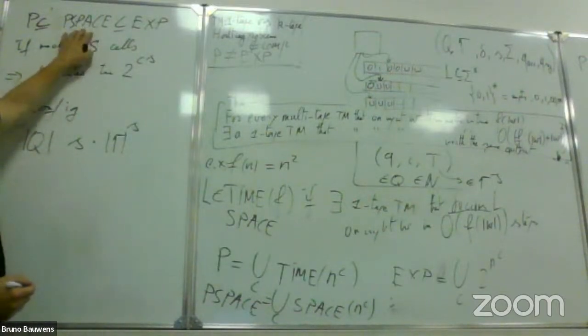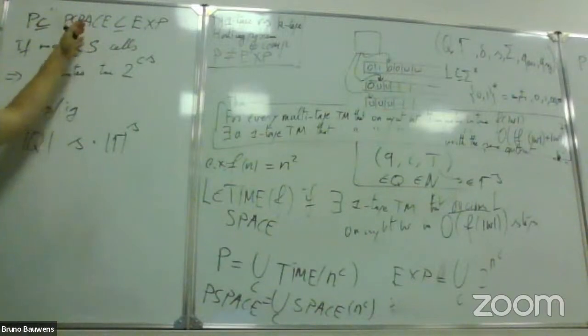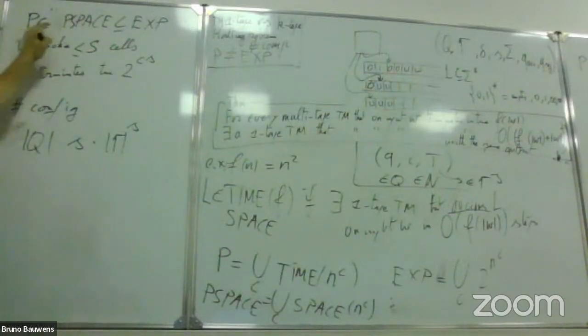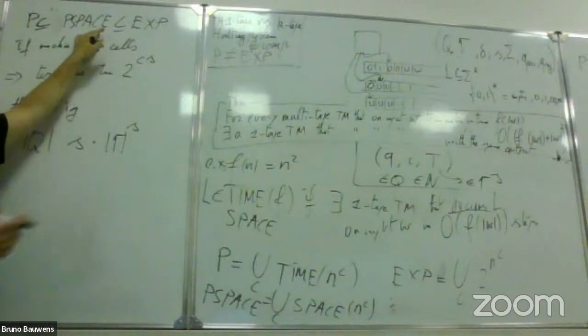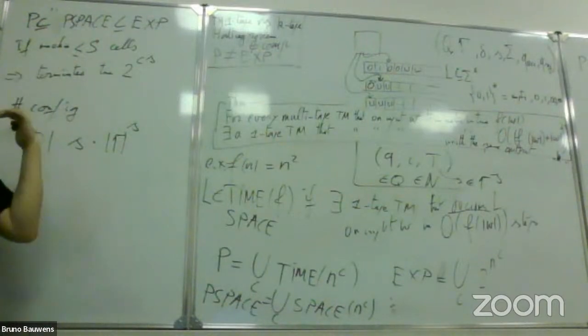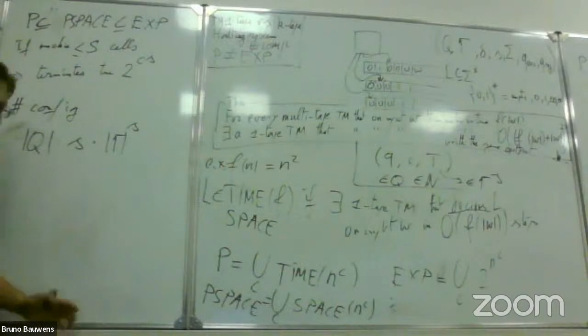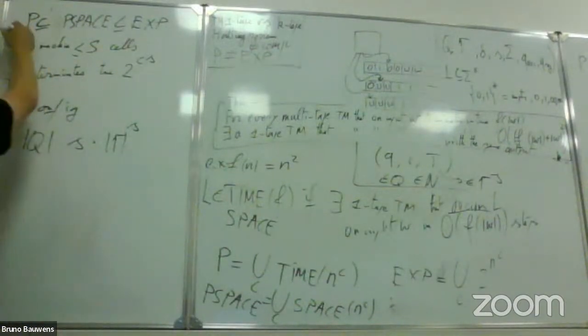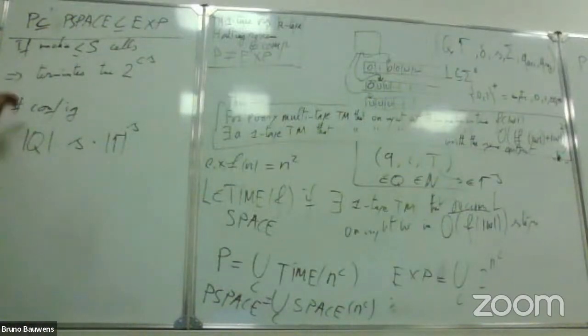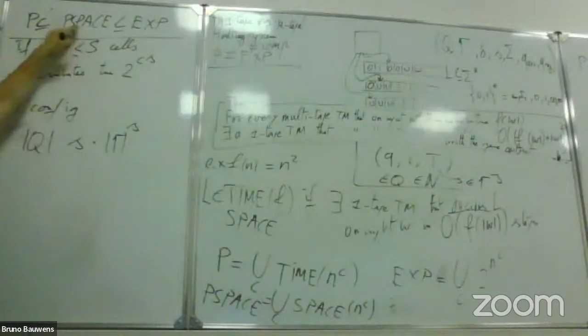So Hamiltonian path is a problem that nobody knows whether it's in P, but it's in PSPACE. It's actually in NP. Let's first look at what this means. The goal of this lecture: it's an open question whether P equals PSPACE. If a computation runs in small space, can we make it fast?